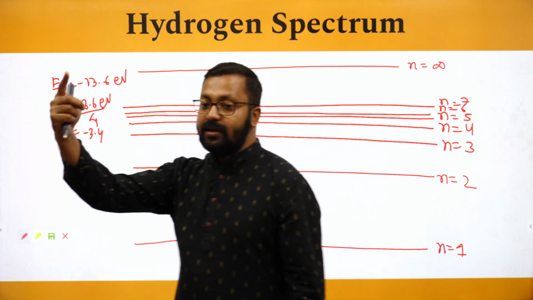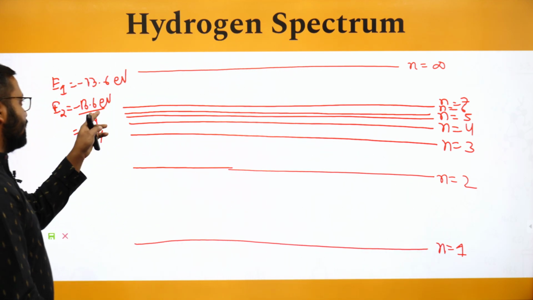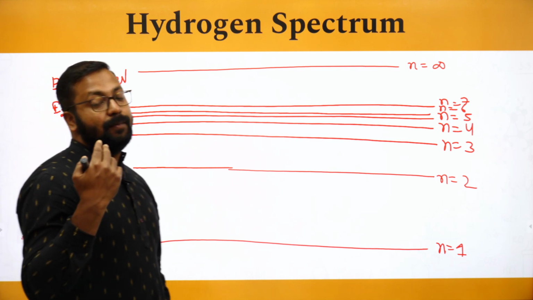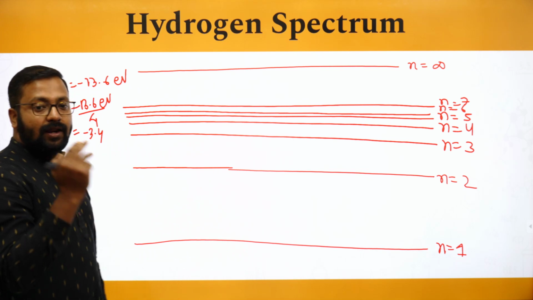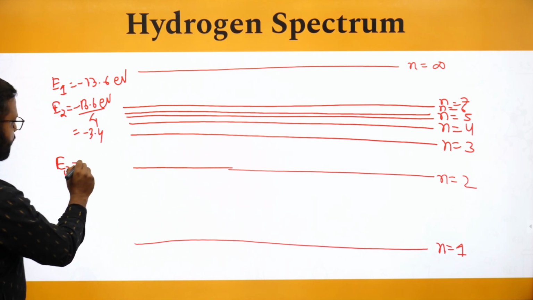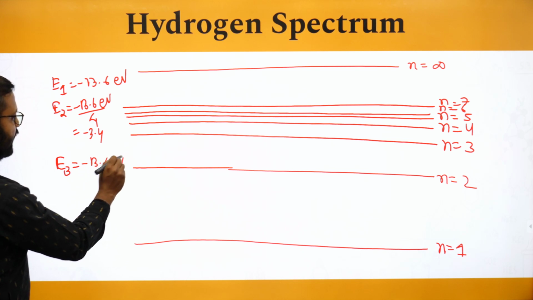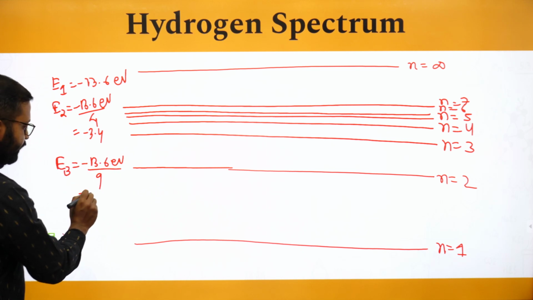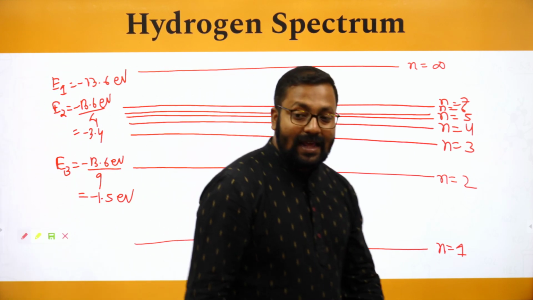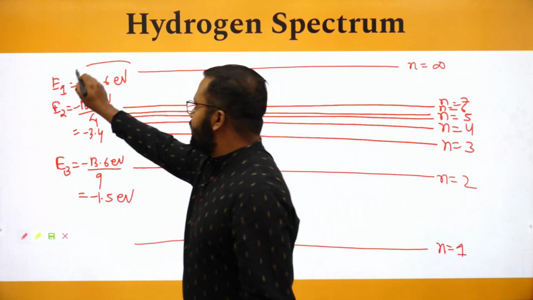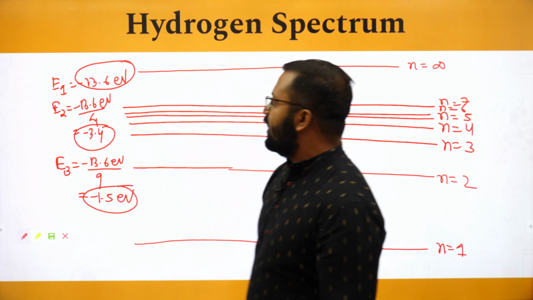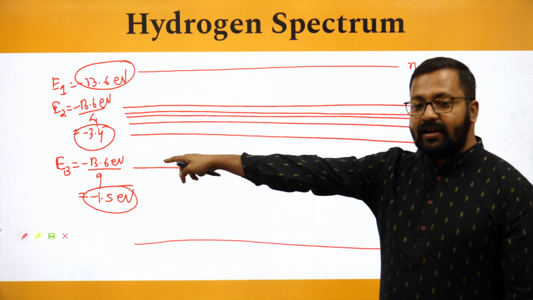For the third energy level, the denominator will become 9. Then E3 will be minus 13.6 electron volts by 9, which is minus 1.5 electron volts. So guys, tell me something: 13.6, 3.4, 1.5. Which has a greater difference?